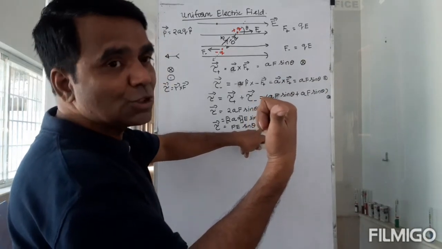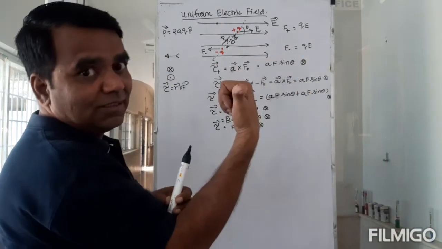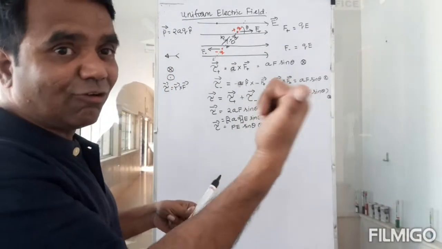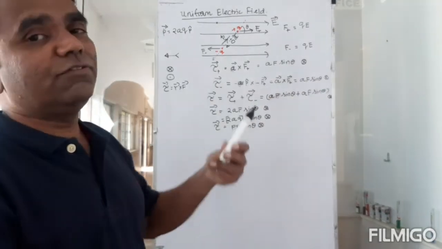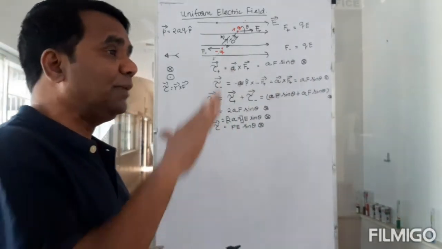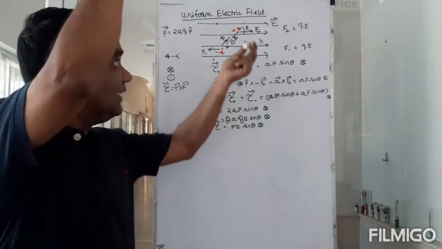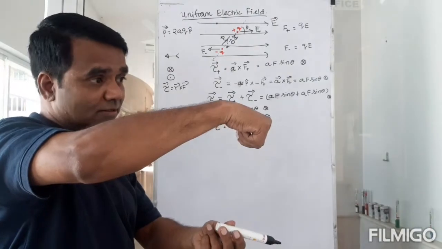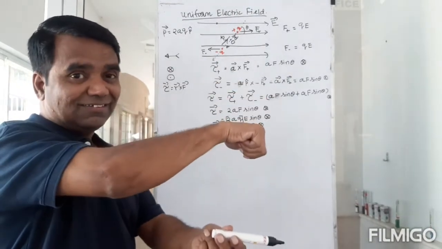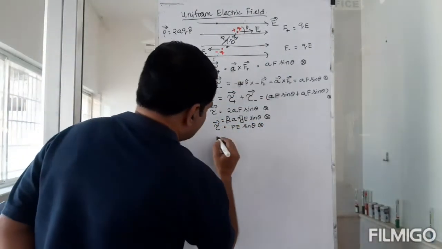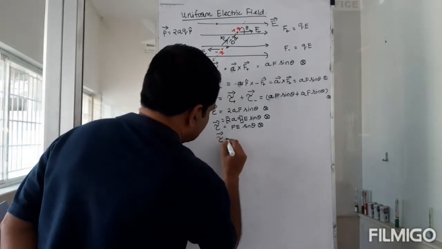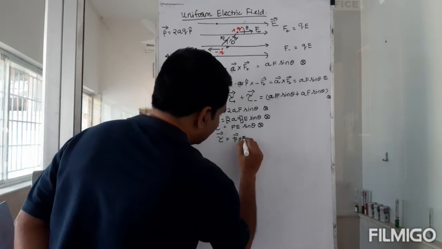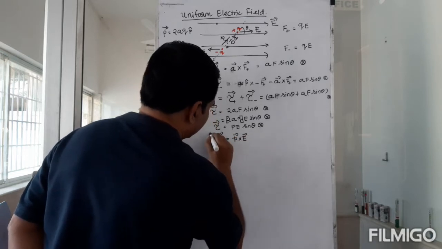No. So I cannot have E cross P. E cross P will give me the same magnitude, but I get the direction wrong. But what if it is P cross E? P is in this direction, E is in this direction. So P cross E is PE sine theta, and notice the direction is right. So now I can write this tau as equal to P cross E in vector form.